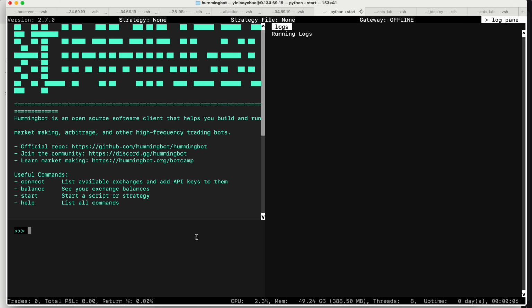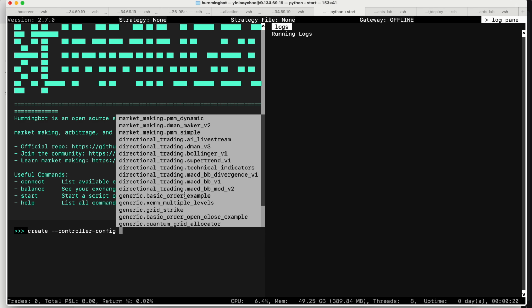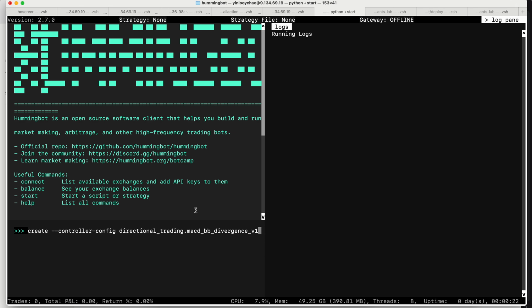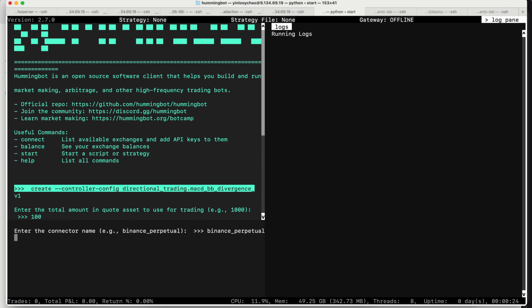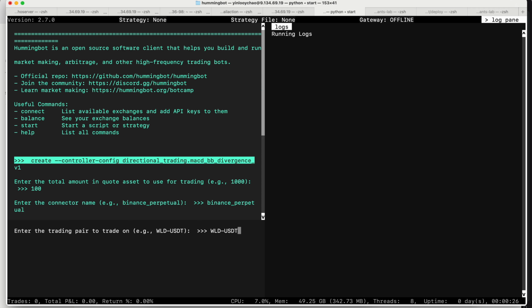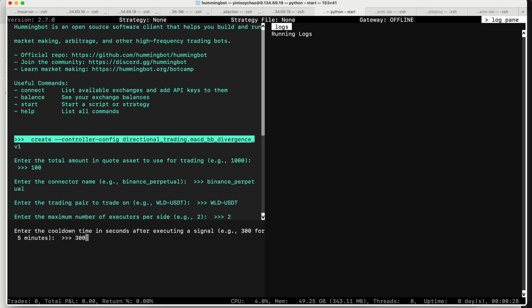So we have already created a config for that. We can do it again. Create controller config, MACDBB divergence, and we'll just use all the defaults here.